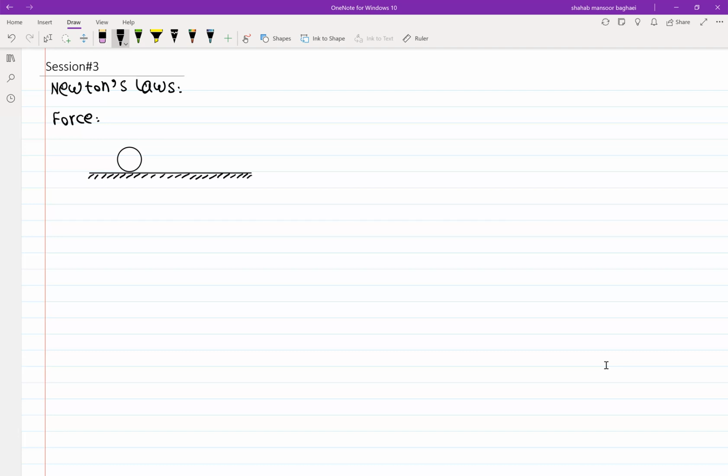You need a quantity to move this object from first place to second place. Therefore, what do I need to move or to excite this object here? That's force, this quantity called force.